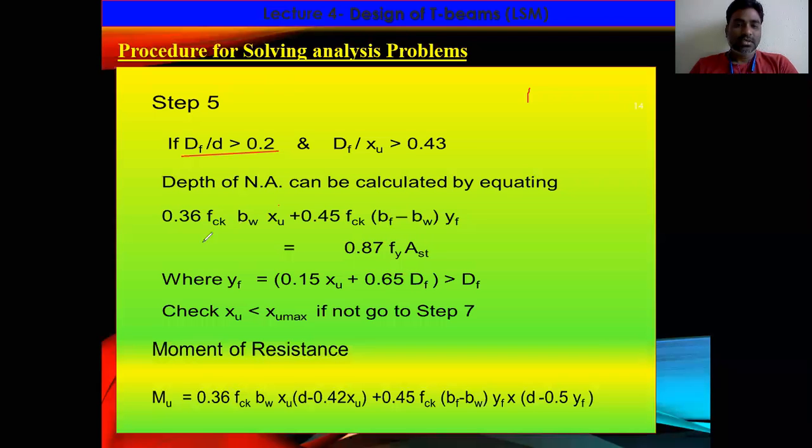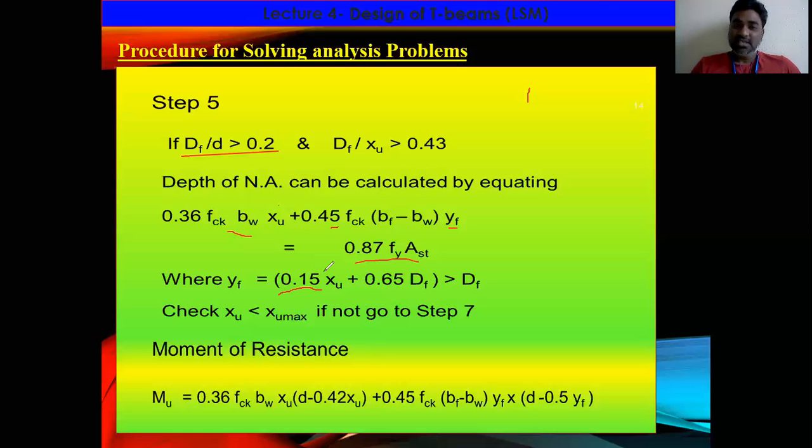The compression force is the force taken by the web and the force taken by the flange with modified thickness. That is 0.36 FCK BW XU plus 0.45 FCK (BF minus BW) into YF equals the tension force, that is 0.87 FY AST. And YF should be calculated from this formula, right?